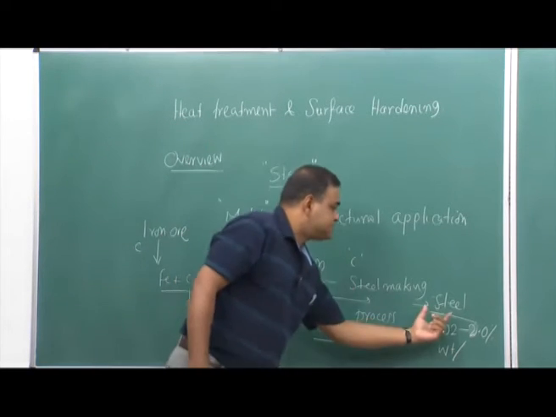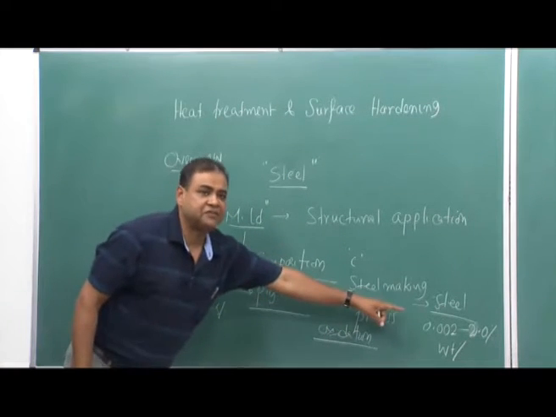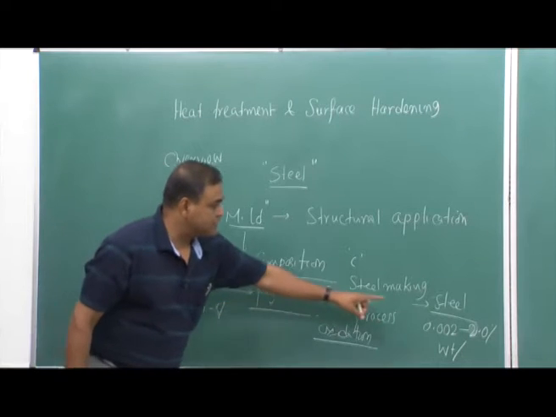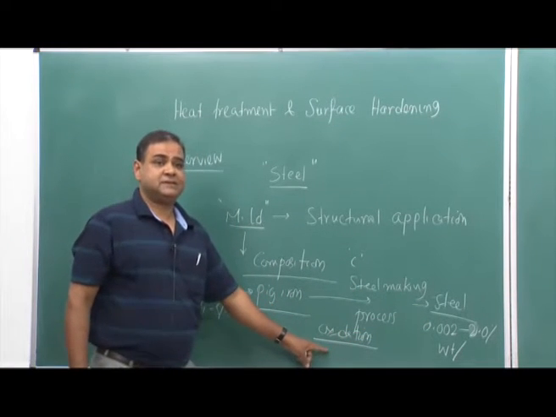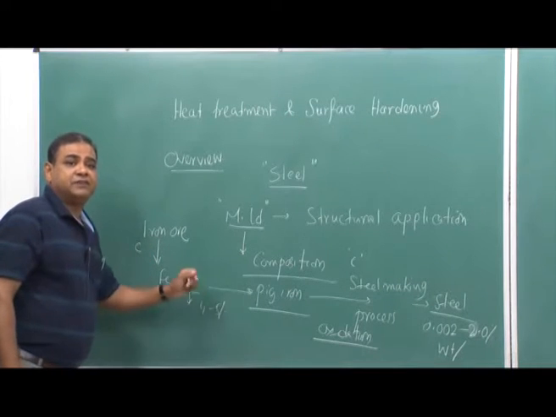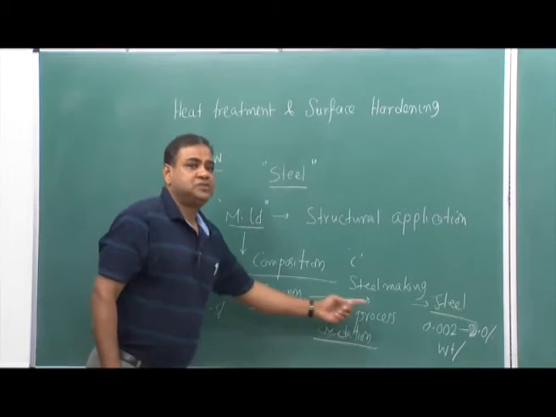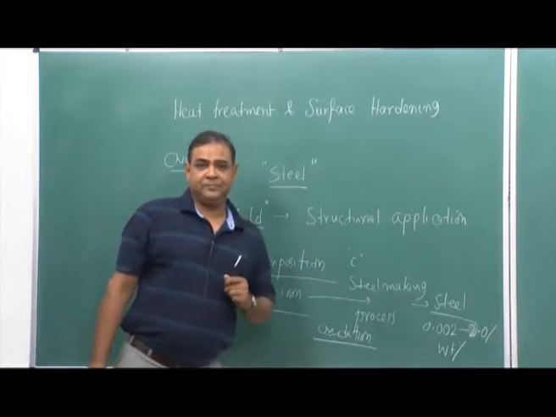So, now we have a steel, and interestingly, when we are getting steel from pig iron, it is an oxidation process. But when we are talking about iron ore, there we have a reduction process. So, the reduction process gives me pig iron, and an oxidation process gives me steel.